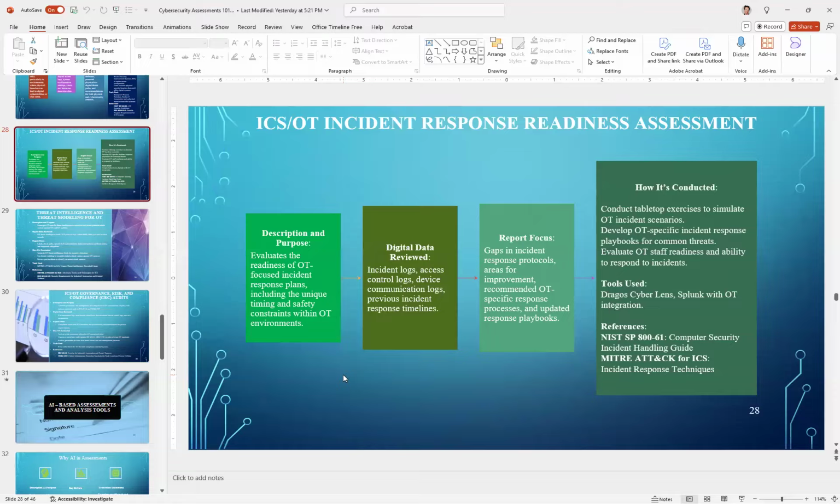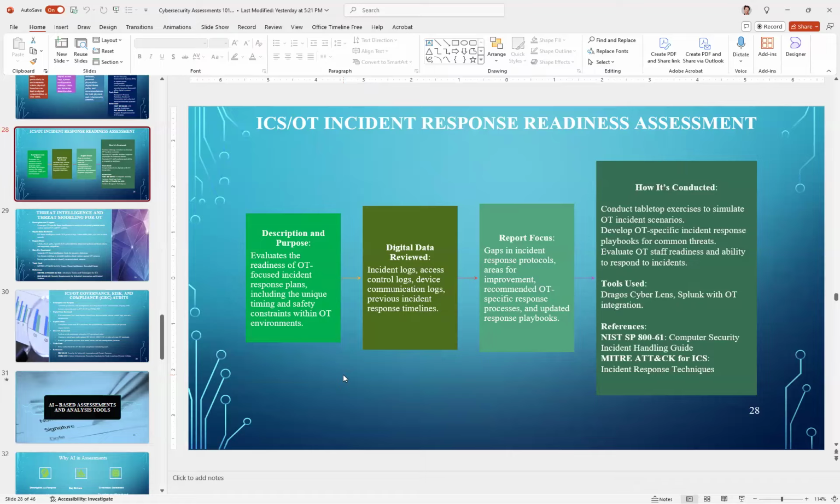It is conducted using tabletop exercises to simulate OT incident scenarios, develop OT-specific incident response playbooks for common threats, and evaluate OT staff readiness and their ability to respond to incidents. This to me is very important.